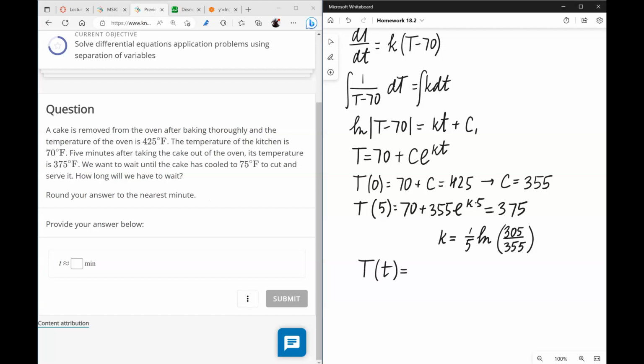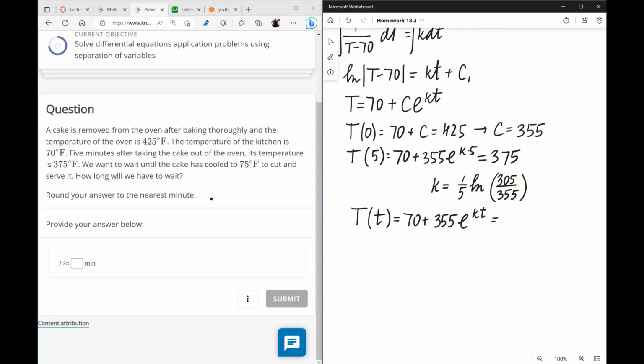So now that I know my k, I can set up this equation. T of t is equal to 70 plus 355 e to the power kt equals 75. So we're going to be solving for t. t will be equal to 1 over k ln of 5 over 355.